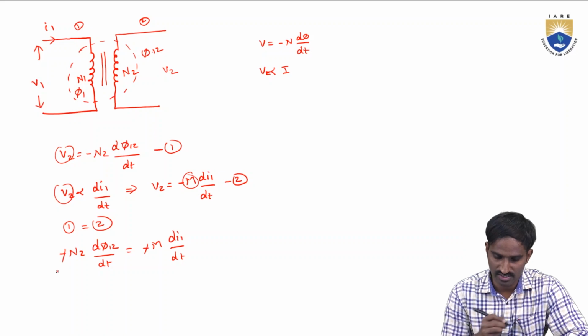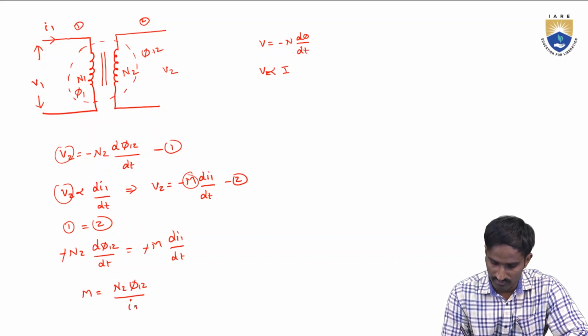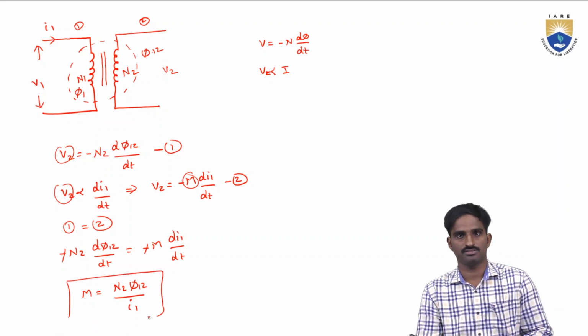The minus signs cancel. Finally, the mutual inductance M is equal to N2 phi12 by I1.